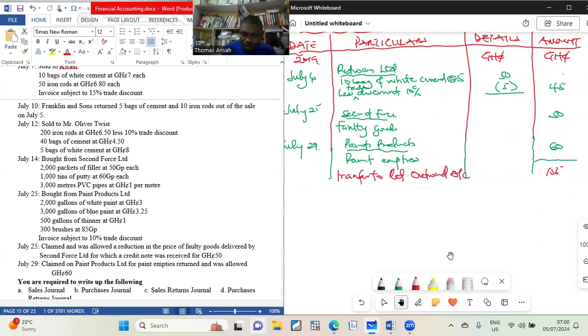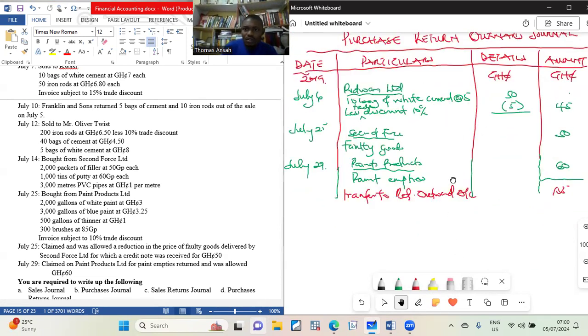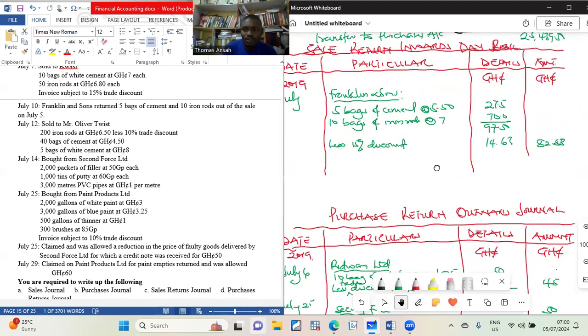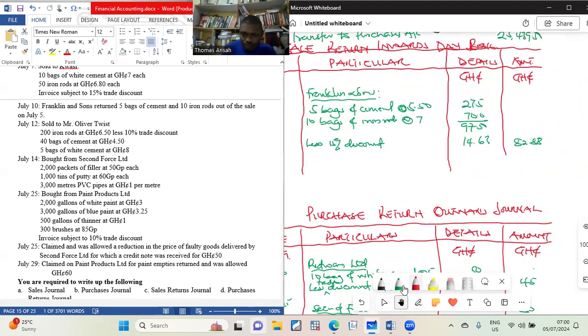Where is our return inwards? Our return inwards was only this. Nothing happened again, right? So you have 82.88. So that 82.88, you say transfer to return inwards account.